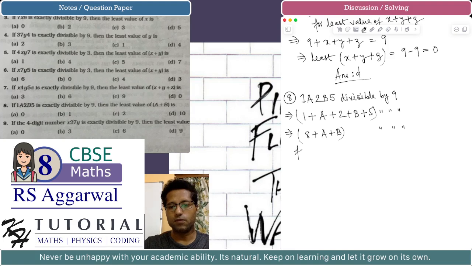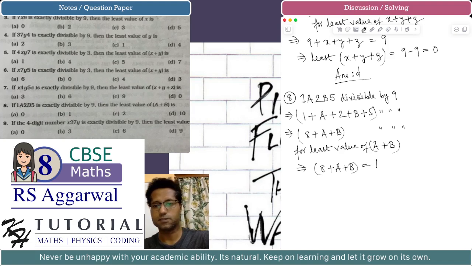Now for the least value of A plus B such that 8 plus A plus B is divisible by 9, we must have 8 plus A plus B equal to 9, because the next number after 8 which is divisible by 9 is 9.